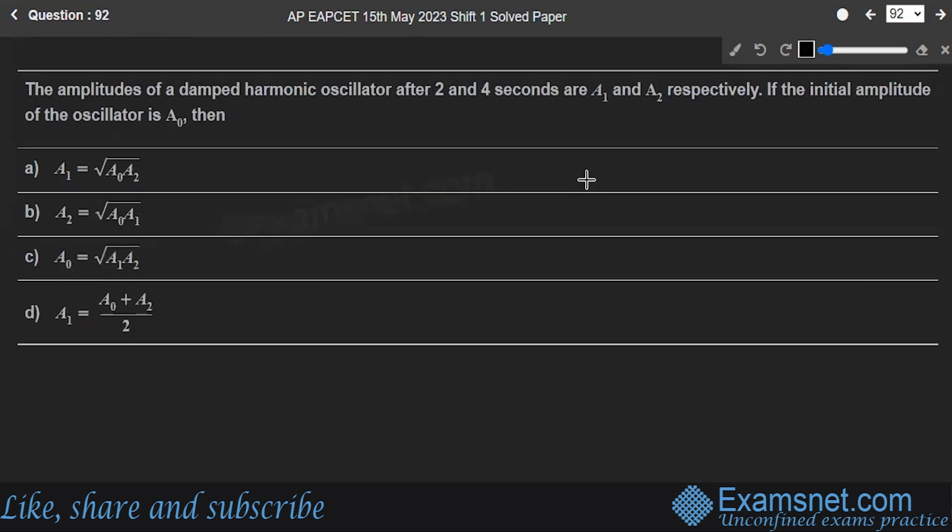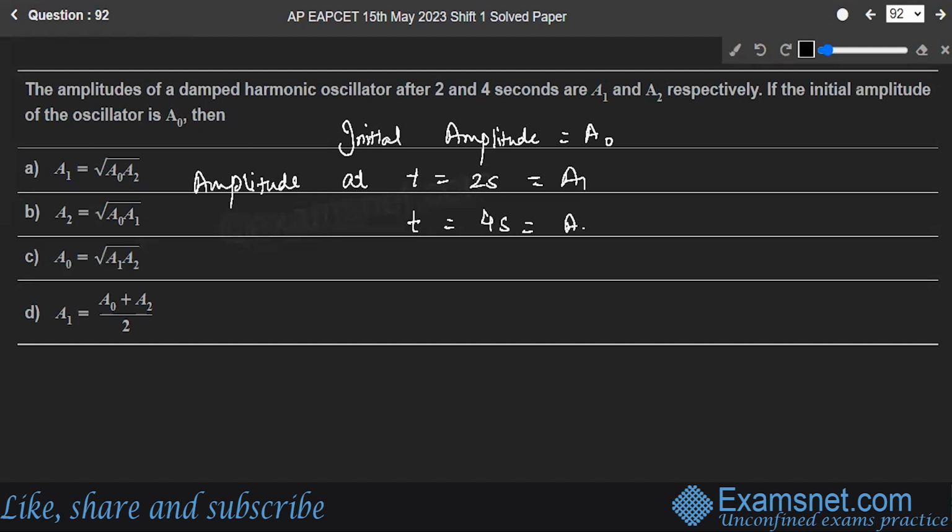The amplitudes of the damped harmonic oscillator after 2 and 4 seconds are A1 and A2 respectively. If the initial amplitude of the oscillator is A0, then which of the following is true? You are having initial amplitude as A0, amplitude at 2 seconds A1, and amplitude at 4 seconds A2.